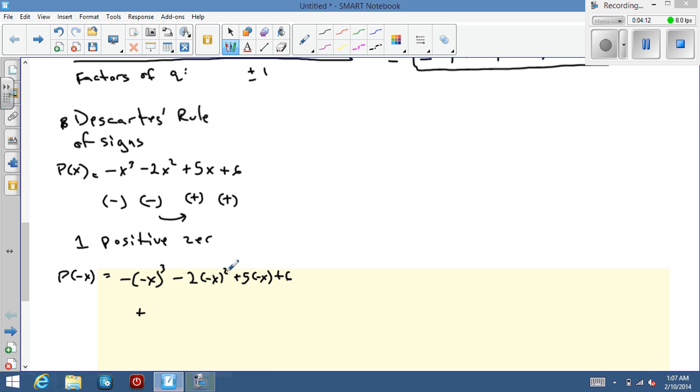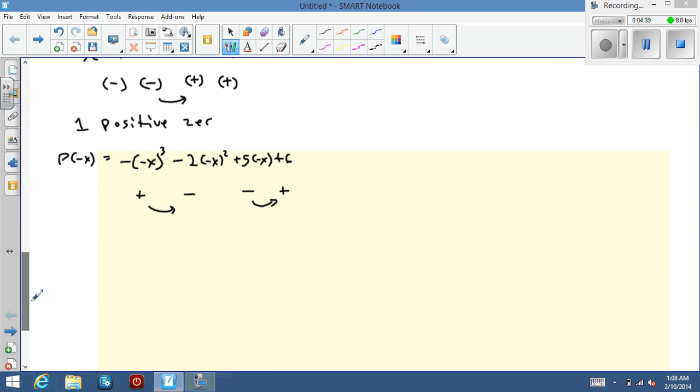Here, negative x squared is going to make it positive, affected by the negative 2 out front, so that is going to be negative. This is negative x and positive 5 combined, we will make it negative. And then a 6 positive. So we have a sign change from the first term to the second term, and then from the third term to the last term. So we have 2, and then remember to step that down by an even number of 2 until you get to 0. So we have 2 or 0 negative zeros.